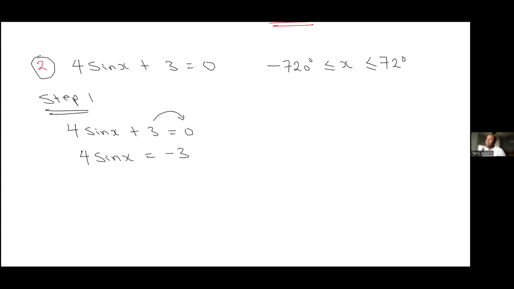Because I need the trig to be on its own, I'm going to divide both sides by 4, so we cancel this 4. Then we have sine x equals minus 3 over 4, and minus 3 over 4 is the same thing as minus 0.75.